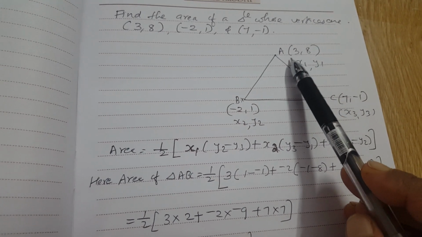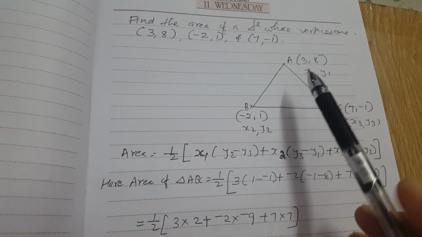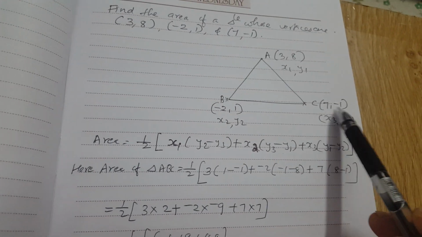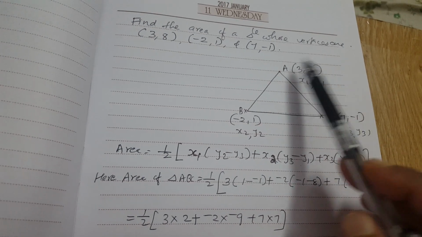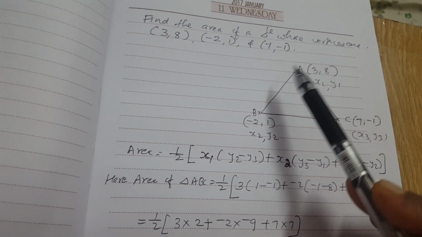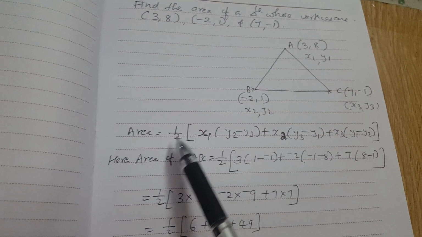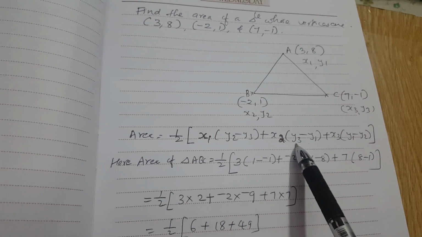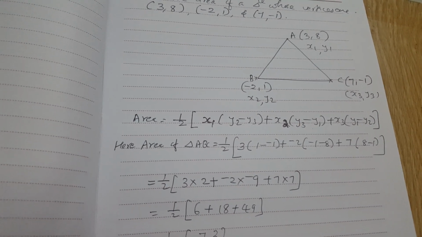And I have replaced these coordinates. 3, 8 can be considered as x1, y1 and minus 2, 1 x2, y2 and 7, minus 1 x3, y3. You can take any of the coordinates as x1, y1, x2, y2 or x3, y3, doesn't matter. Now the formula is area equal to half of x1 into y2 minus y3 plus x2 into y3 minus y1 plus x3 into y1 minus y2.